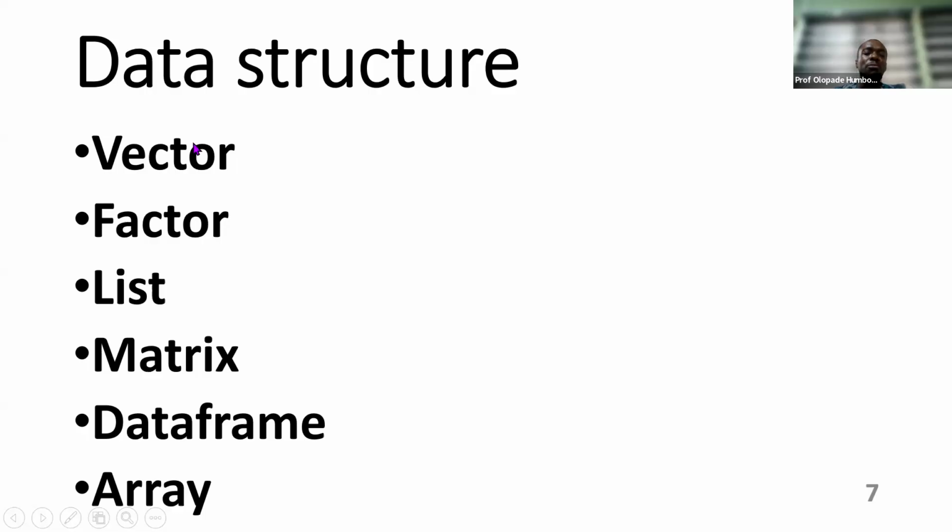Those are the ones we encounter more often. We also do some factors and lists, as the case may be. But the one that will concern us more is data frames. Data frames are the most common and more flexible, because they are quite robust.